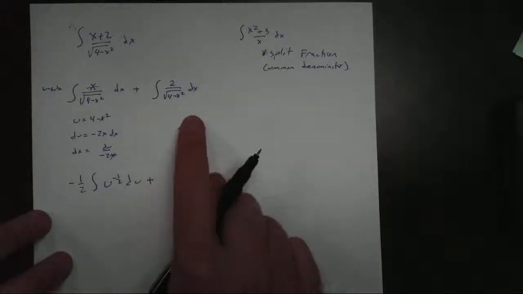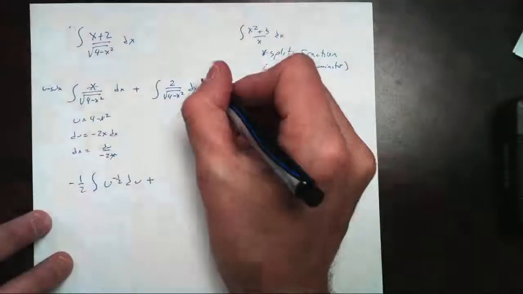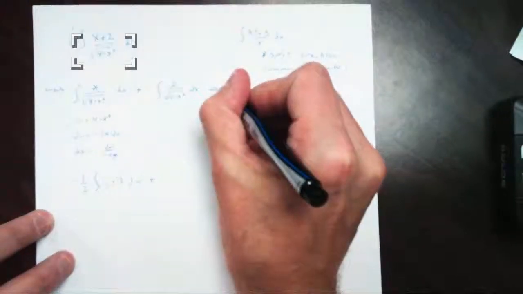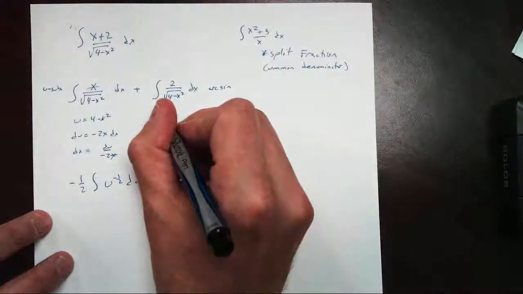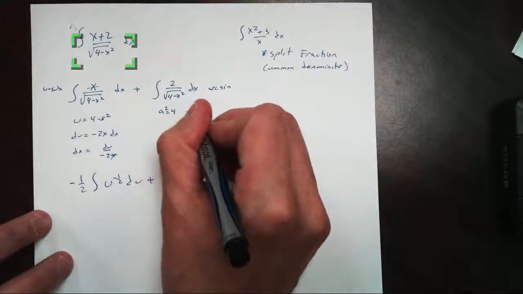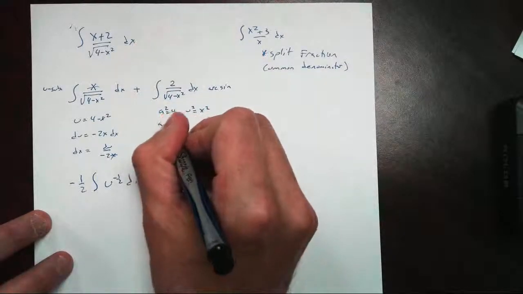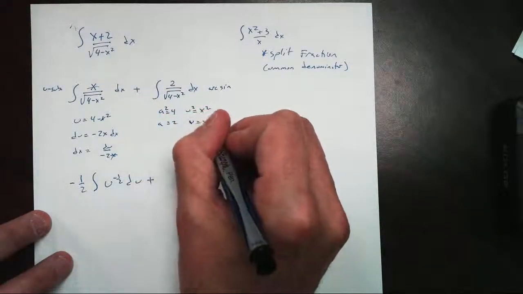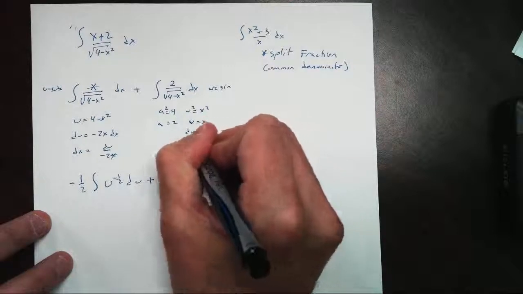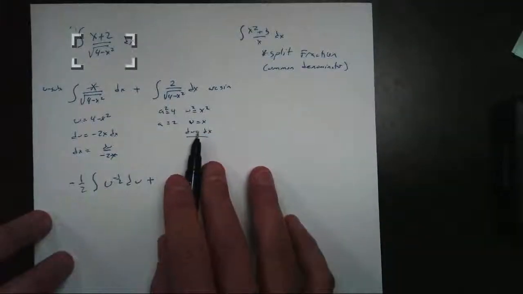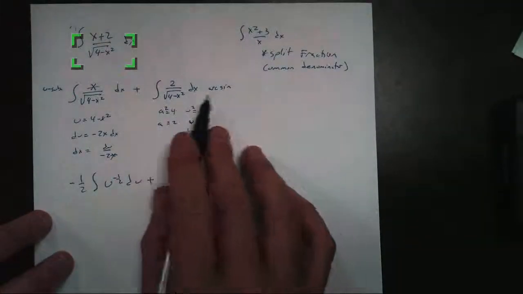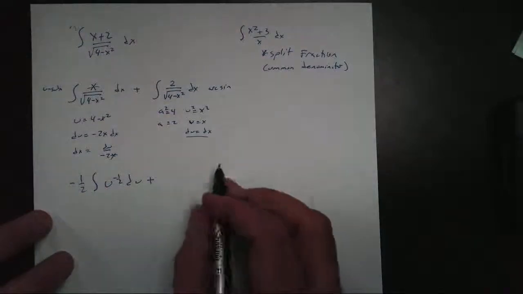Plus, now over here, this is my arc sine. So I know a squared is 4, u squared is x squared. A is 2, u is x, du is dx. And what's really kind of cool here, I can go straight to my answer. Arc trigs are actually kind of easier than use substitution, if you notice.